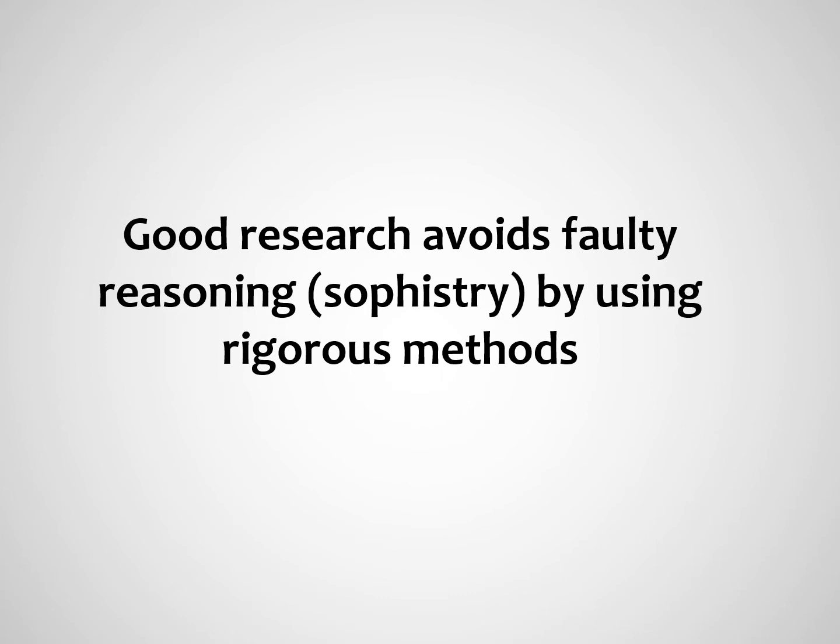We avoid faulty reasoning by using rigorous methods that guide us in how to plan and conduct the research. In the following slides, I will show you a few cartoons and similar material that provide classical cases of faulty reasoning.